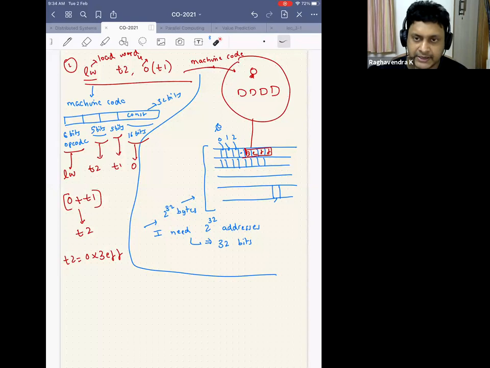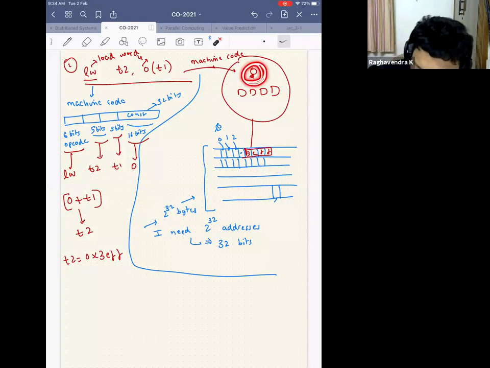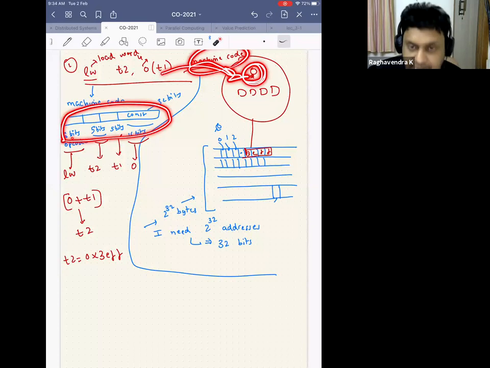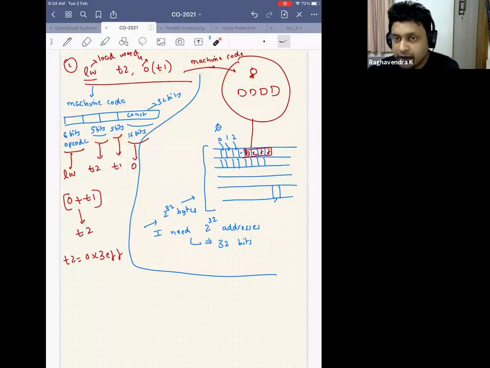They have designed the architecture, so they know what language it understands, and the language it understands is the machine code, which has something like this. Now, how do I differentiate between an R type and an I type instruction? We'll figure that out later if you haven't understood. But take my word for it that load word is an I type instruction, so I convert it to something like this. So that's the base.